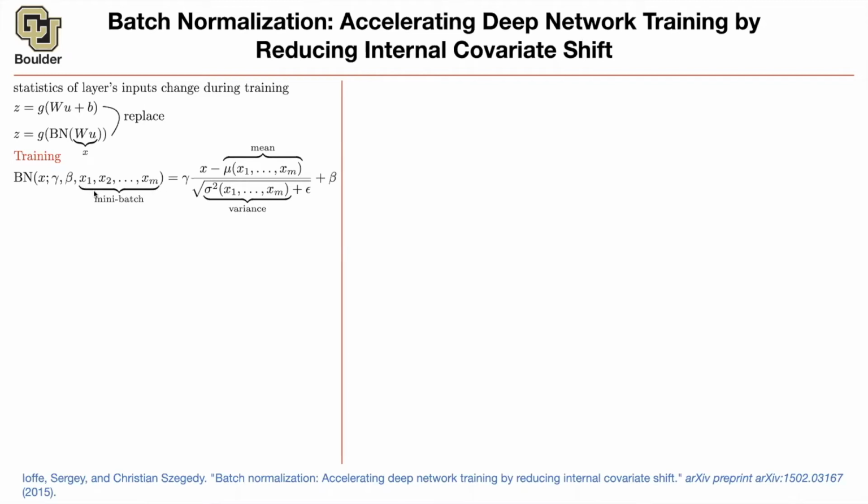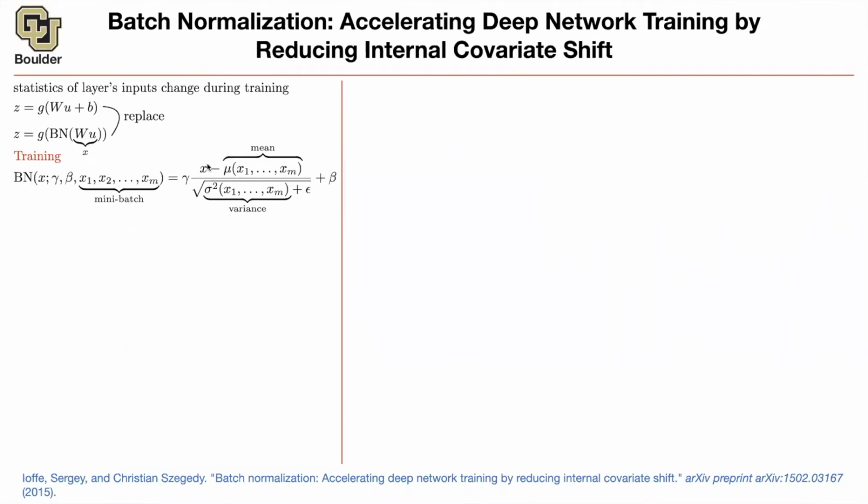Let's say the mini batch has size M. This is a subsample of your data. Then your batch norm is going to be parameterized by gamma and beta. And the idea is that X goes in, and you want to get the output of batch norm out, whatever the output is. So you compute the mean from your mini batch.